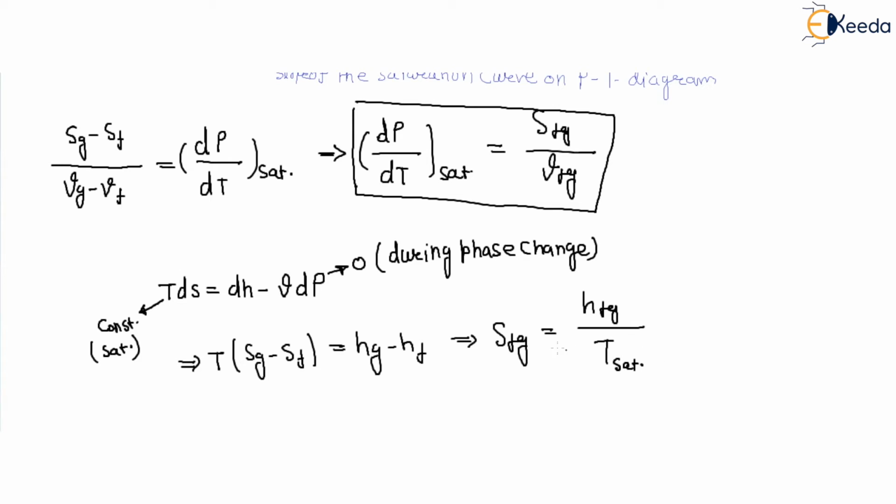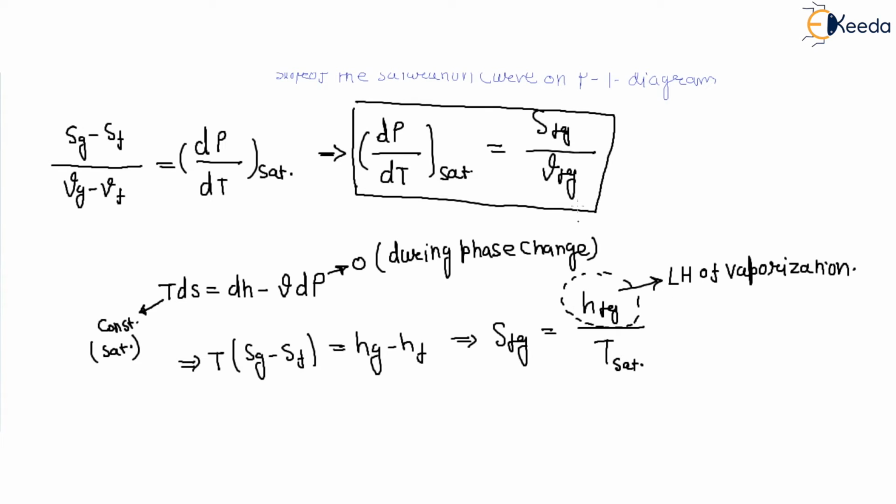So Sfg is equal to Hfg divided by T saturation, and Hfg is the latent heat of vaporization, the enthalpy of vaporization.